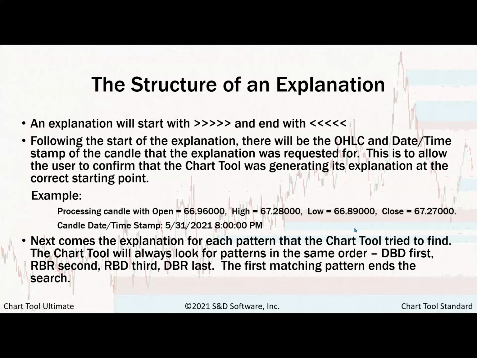This can also help them determine if their candle number tool, the SDSI candle number indicator, is set up correctly. So if the chart tool is coming up with a different candle than the one that was designated, then they need to check their settings for the SDSI candle number indicator.